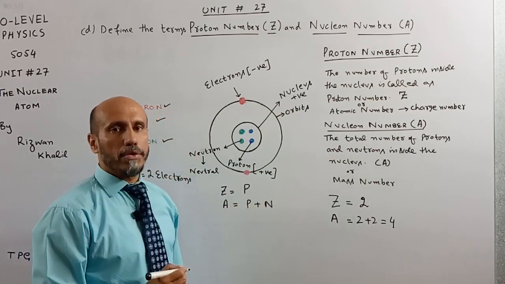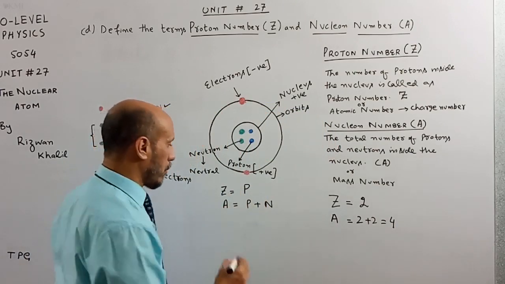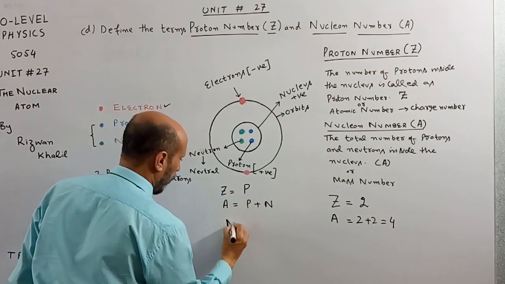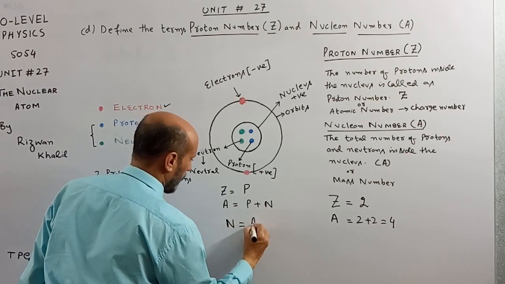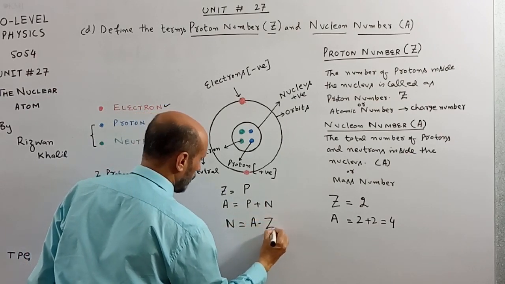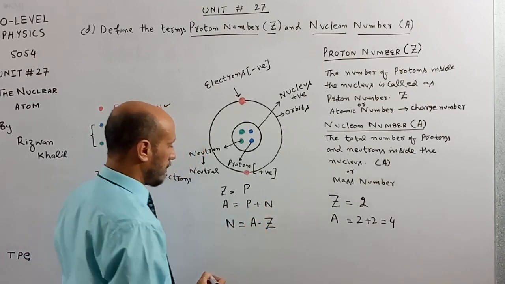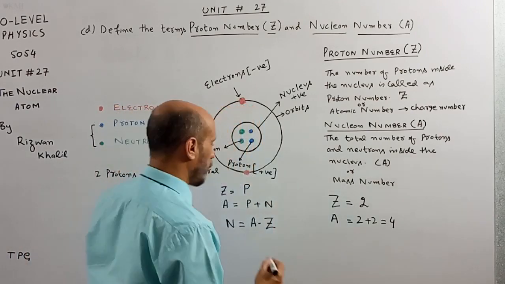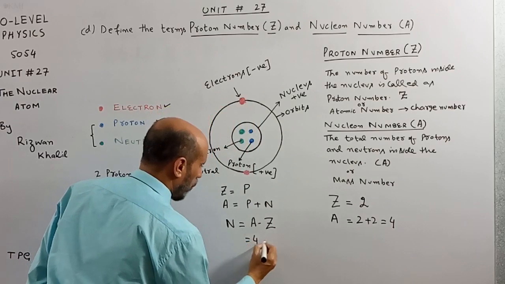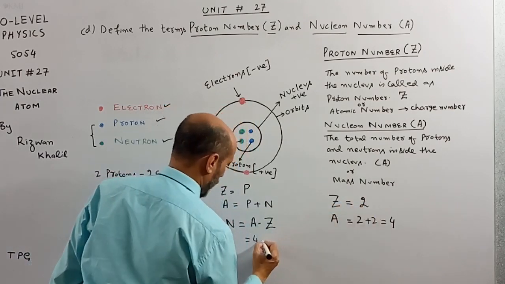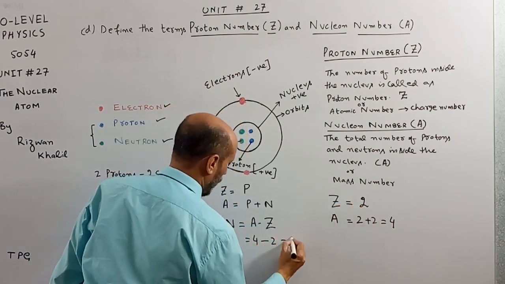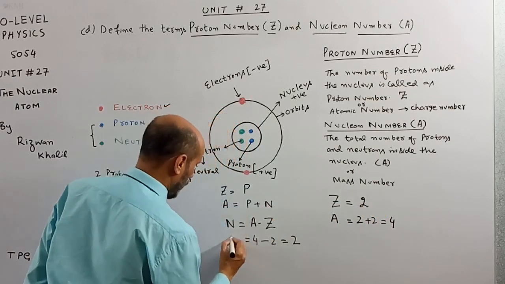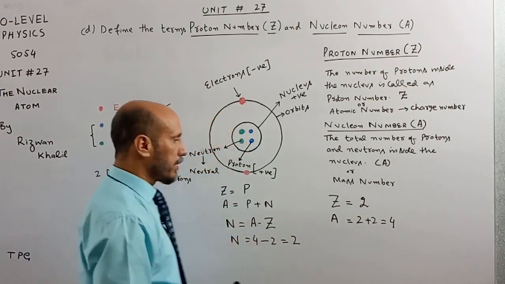Now if we want to find the number of neutrons, what will be the equation? It will be equal to A minus Z. What was the value of A? It was 4. What was the value of Z? It was 2. So number of neutrons will be equal to 2.